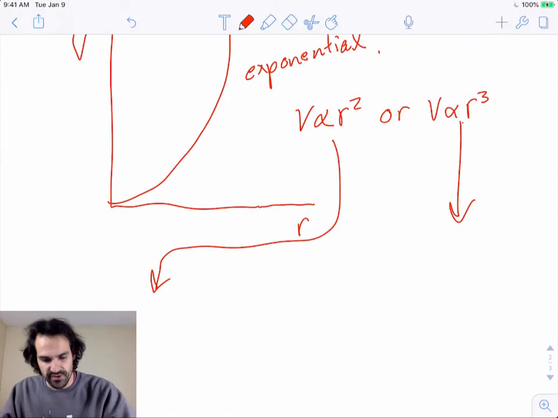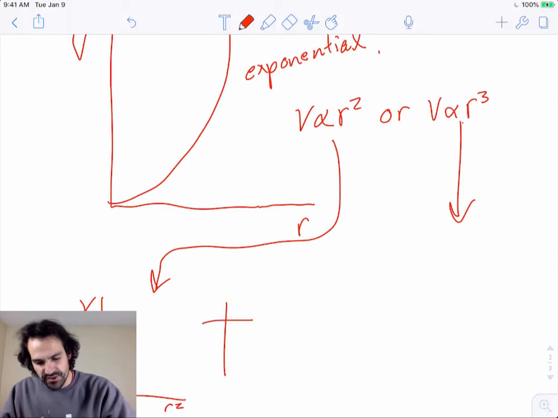So we're going to have to figure out voltage versus radius squared. And the way you do that is just by creating a new data table, voltage and radius squared. So whatever your initial radius was, you would square it.